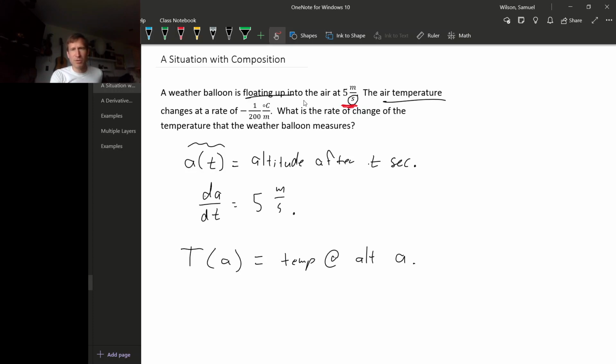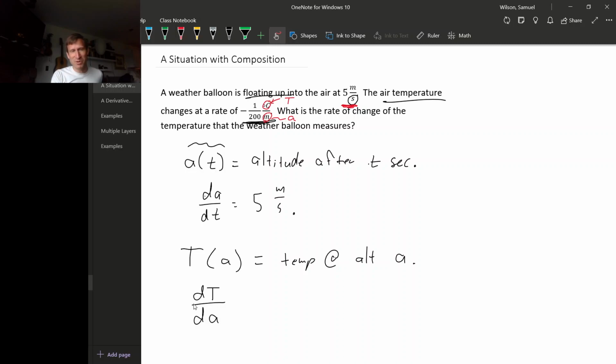Okay, and we know that the air temperature is changing at this rate. You can tell just by the units that the unit on top is the unit for T, for temperature, and the unit on bottom, meters, is our unit for altitude. So this rate is a rate of change of T, not with respect to time, but with respect to altitude, right?